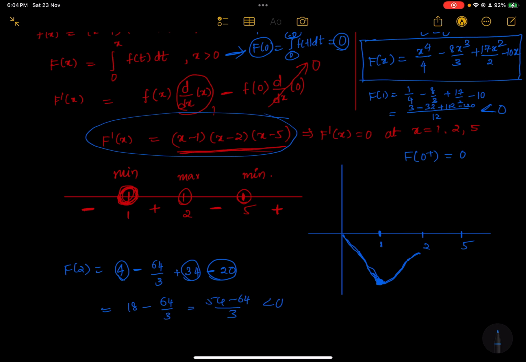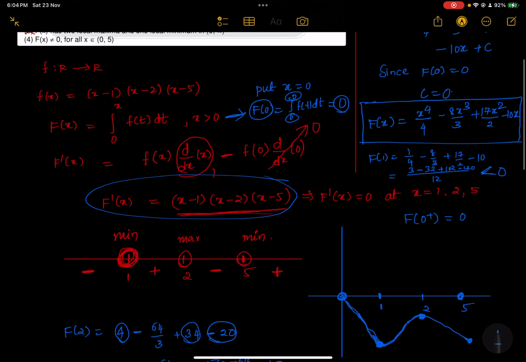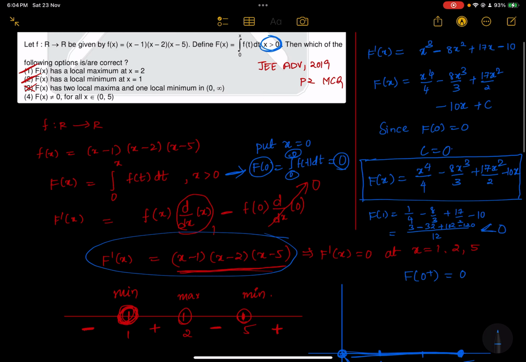So this is also a negative quantity. So this value is somewhere here, F of 2, and it goes down till F of 5. And they are asking us to check whether there is any root between 0 and 5. F of x is not becoming 0 anywhere between x equal to 0 and x equal to 5. So option 4 is also correct.